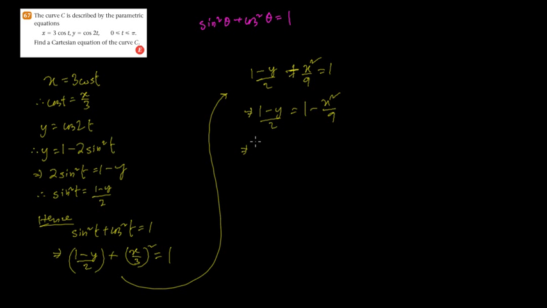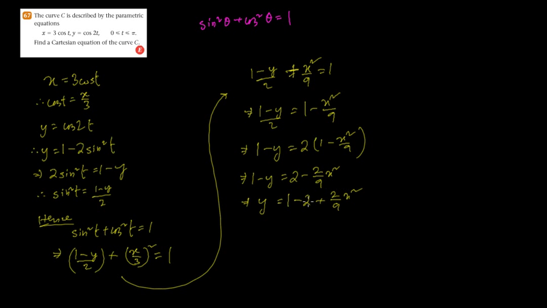If we multiply by 2, it would be 1 minus y equals 2 into (1 minus x squared by 9). So 1 minus y equals 2 minus 2 by 9 x squared. So y equals 1 minus 2 plus 2 by 9 x squared. So 1 minus 2 is minus 1, so this would be 2 by 9 x squared minus 1. So this is actually a quadratic equation.